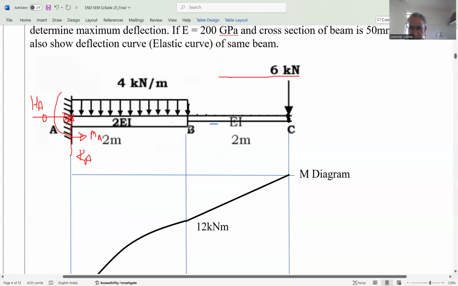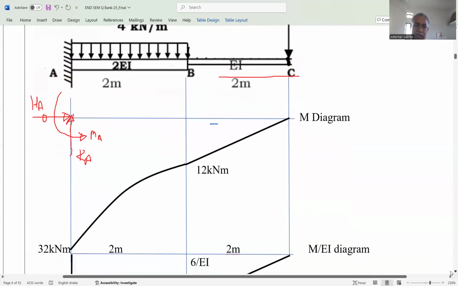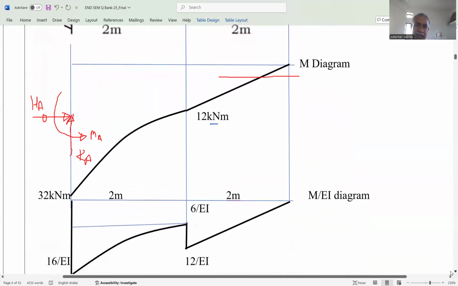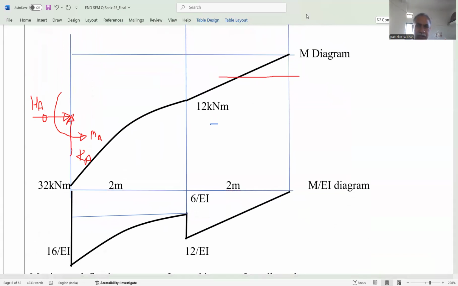At B, just right, it is 12 divided by EI. But at B, just left, when we shift toward A, there is 2 EI. That's why 12 divided by 2, it is 6 divided by EI. So it will be reduced. Then parabola, and at this end A, that is 32 divided by 2, it is 16 divided by EI. This is the M by EI diagram.